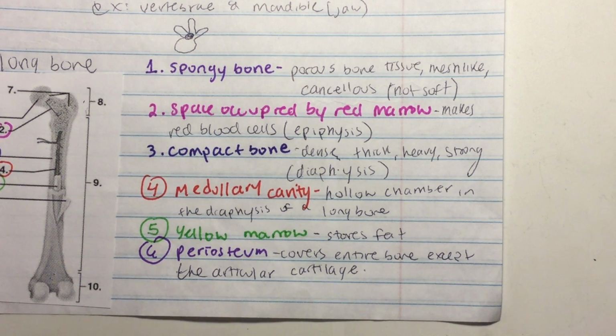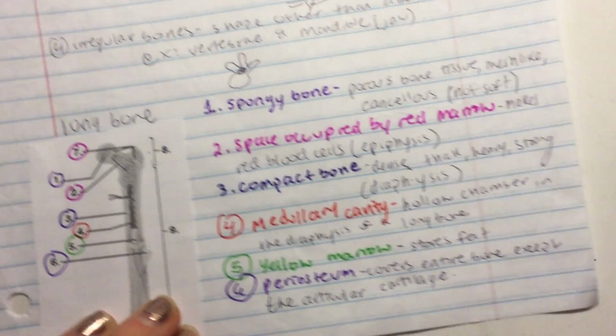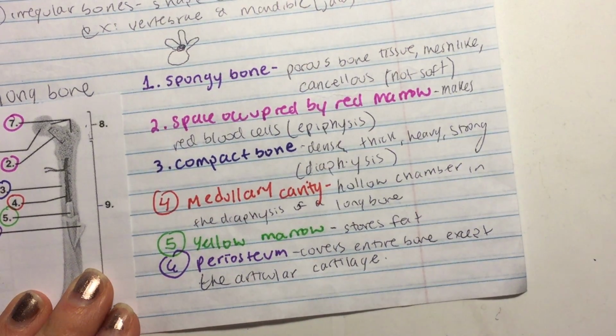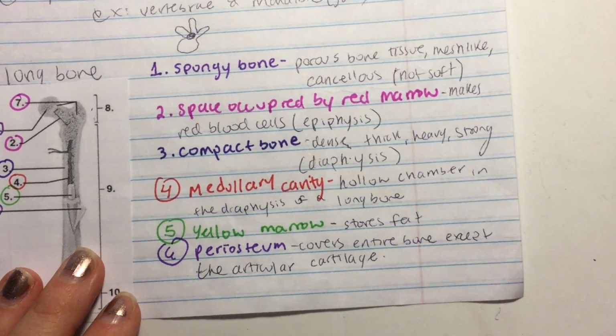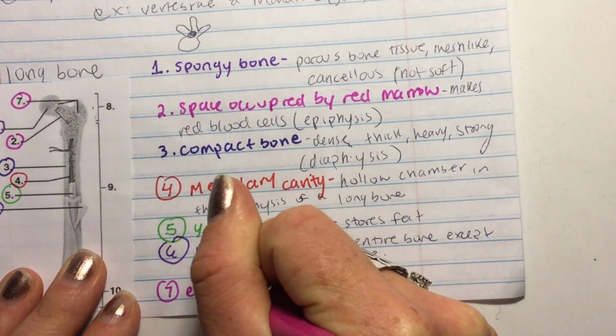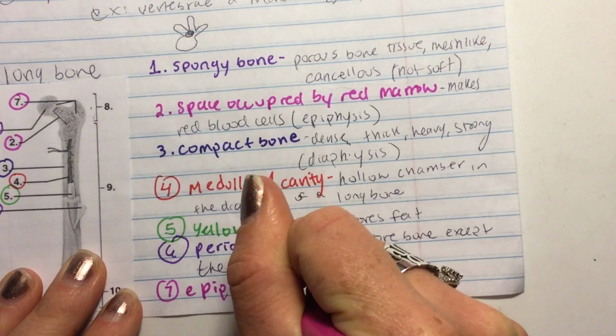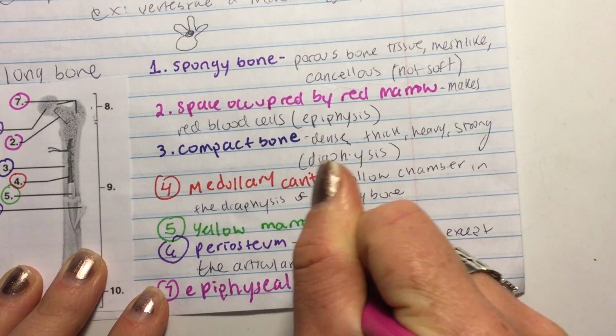Number 7. Heading back up to the top. Number 7, these are called epiphyseal discs. So they're in the epiphysis, which we probably should have labeled first, but that's okay. Epiphyseal discs.